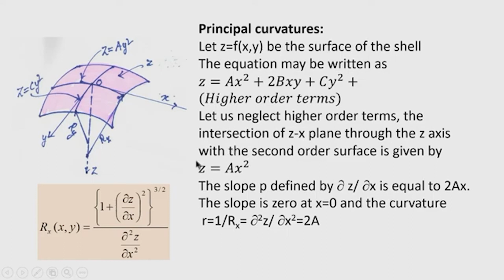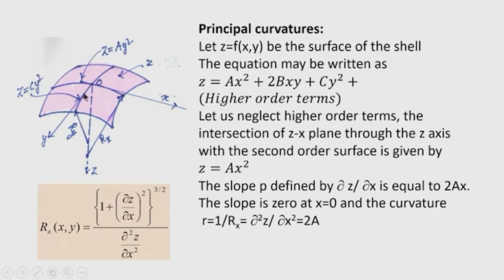Now, for that plane, the slope p of the curve is defined as del z by del x, and if I differentiate this quantity, del z by del x will be 2 a x. Now, you can see, because O is the crown, that is the apex of the shell structure, here the slope is 0 along the x direction. Similarly, along the y direction it is also 0.